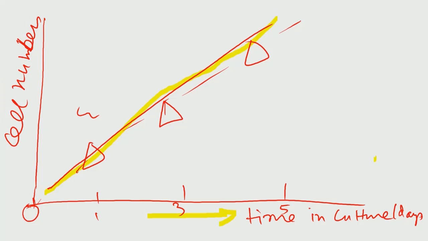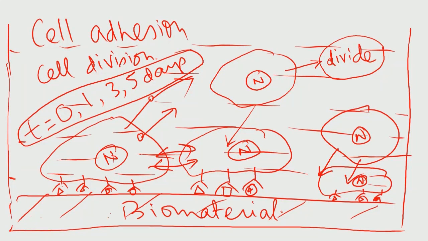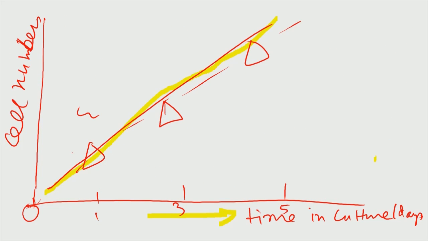That means, if the cell numbers increase more or less linearly with time, cell growth is also linear in nature, and that is a testimony to the fact that cells while being attached to a biomaterial substrate, their cell growth or cell division is not being compromised.